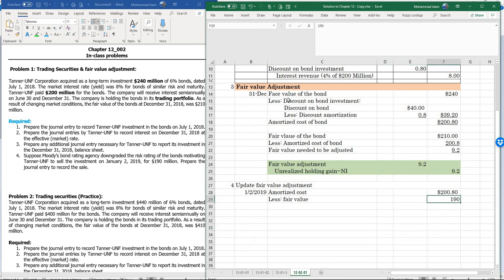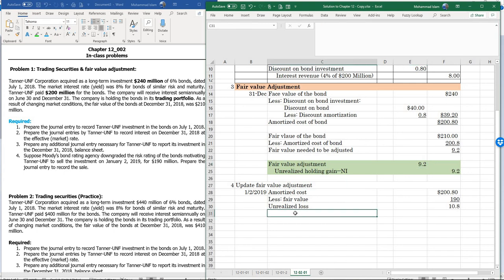So the unrealized loss is equal to 200.8 minus 190, so 10.8. And now we have another thing. On December 31st, 2018, we had a 9.2 million unrealized holding gain. Now we have a total loss of 10.8 million, and we are reversing the gain of 9.2 million recorded earlier.